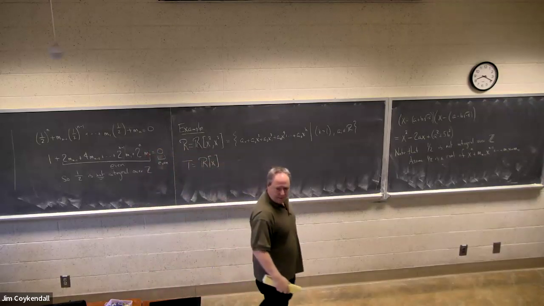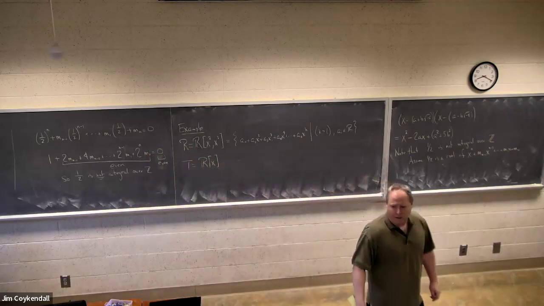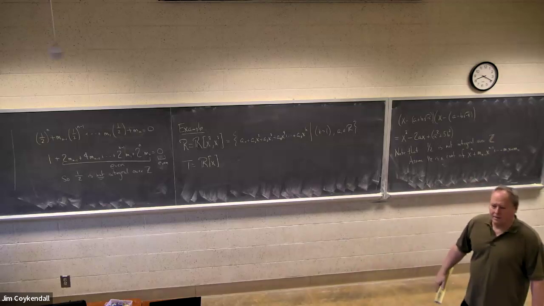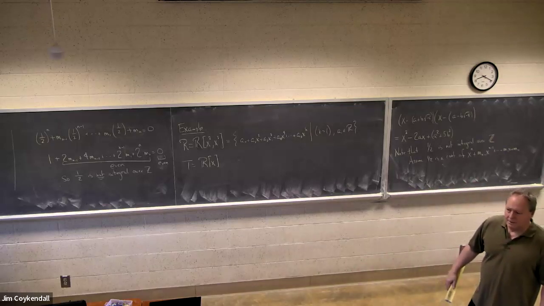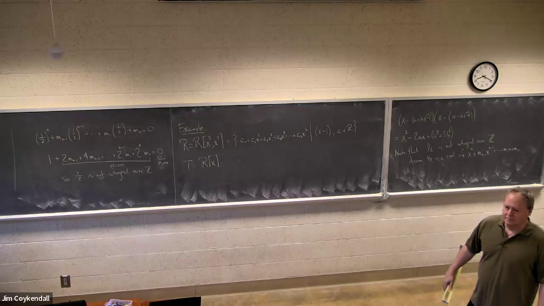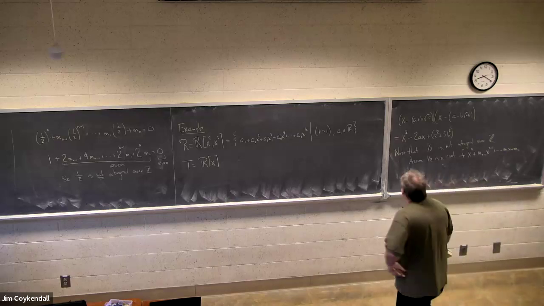One question: if we have an element such that the minimal polynomial of that element is not monic, can we already say that it's not integral? It depends on what kind of ring you're over. Yeah, that's a good question.